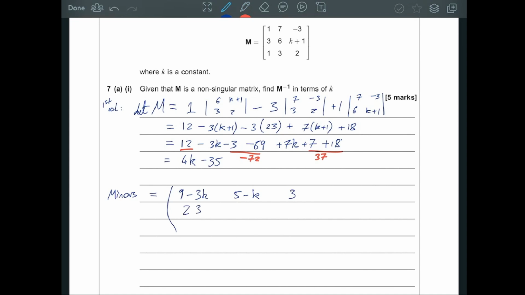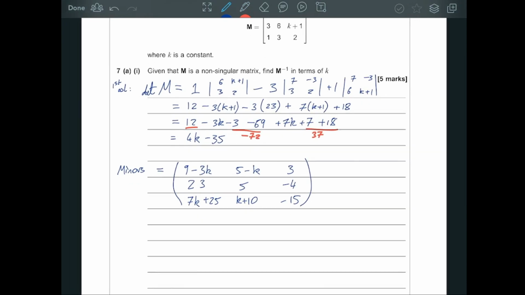For the 6 is 5. For the k plus 1, it's minus 4. For the 1, it's going to be 7k. We've got plus 7, that's plus 25. We're going to have k plus 1 minus 9, k plus 10. And finally, 6 minus 21. Why is that one making my brain go the worst? It's minus 15. And that appears to be my matrix of minors.